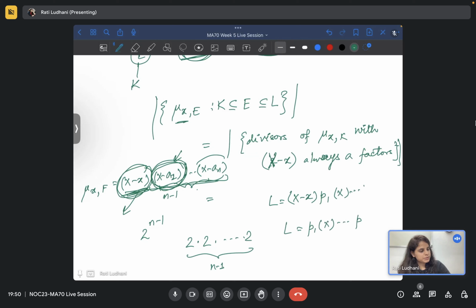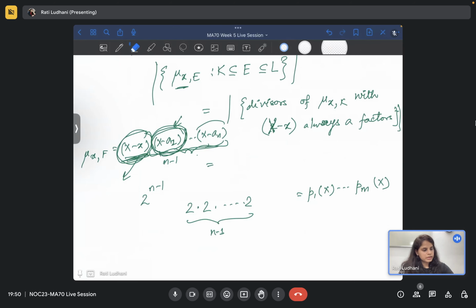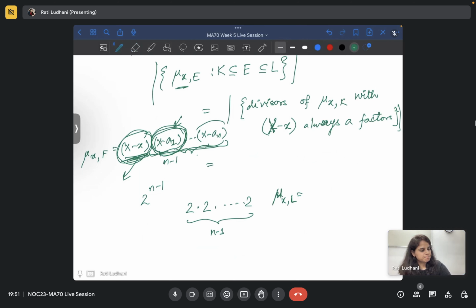P1, let's say Pm, because x minus alpha need not appear exactly like x minus alpha. It will be in some irreducible, because we are talking about the minimal polynomial, right? So this is equal to mu of alpha comma L. Okay, let's do this.